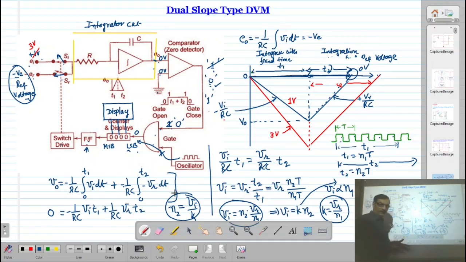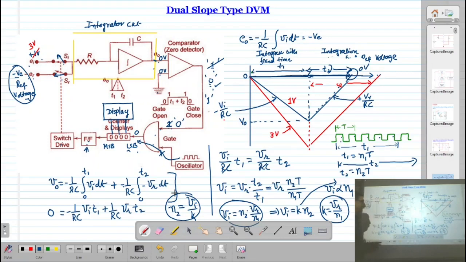So with the environment, if the temperature increases or decreases, the value of the resistance may change, the value of the capacitor may change, and the characteristics of your operational amplifier may change, but the number of clock pulses will not change. So this gives more accuracy than the ramp type DVM, because it is independent of all the parameters.